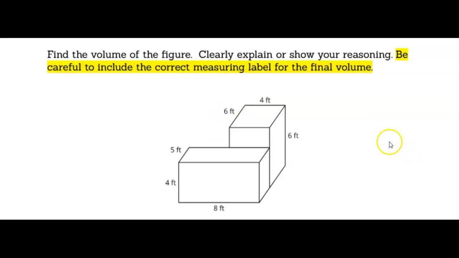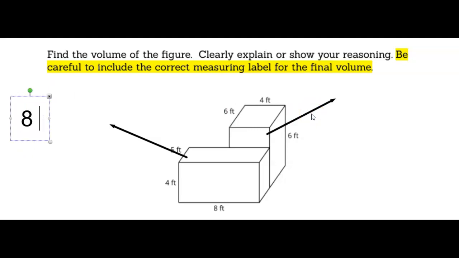So what you got to make sure is that you know to break them apart. Okay? So I'm going to take my little arrow and I'm going to say, okay, I'm going to do the work for this one over here, and I'm going to do the work for this one over here. Start to show me exactly what you plan to do. Okay? So I know that to find the volume, I need length, width, and height. Okay?